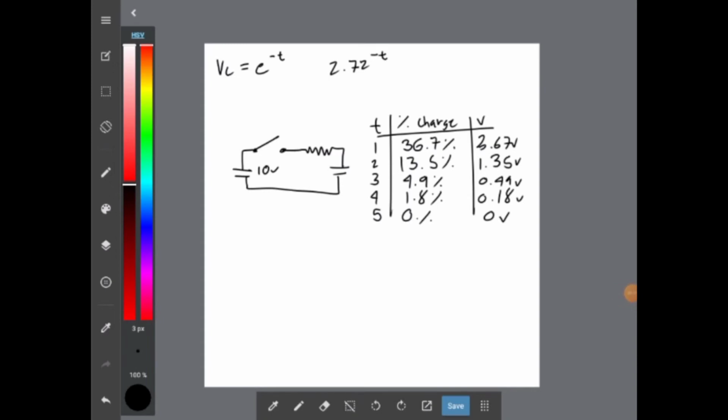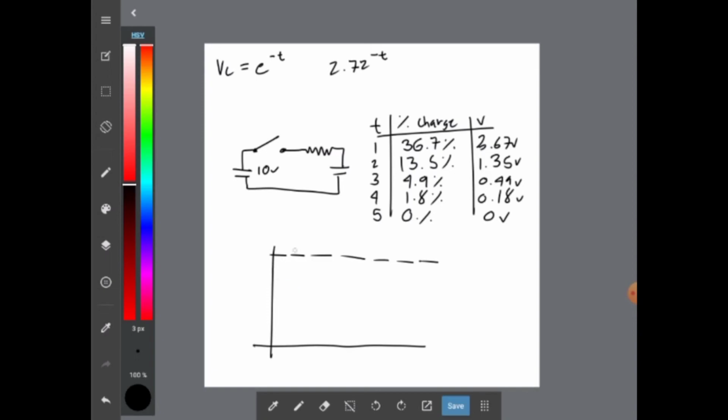And now moving on to the graph. It is still similar to the charging, but only this time the graph shows that the voltage is going down.